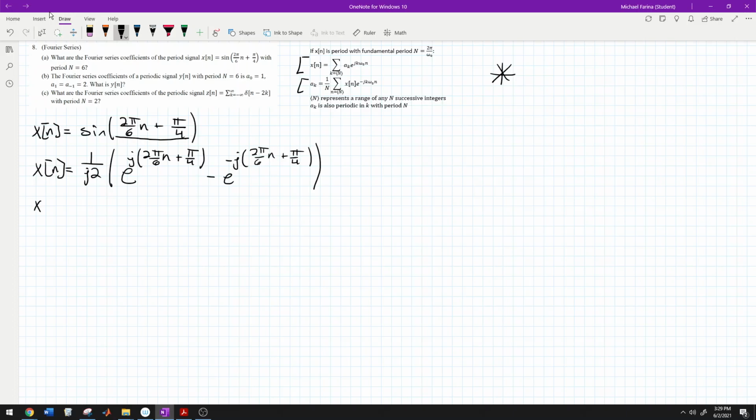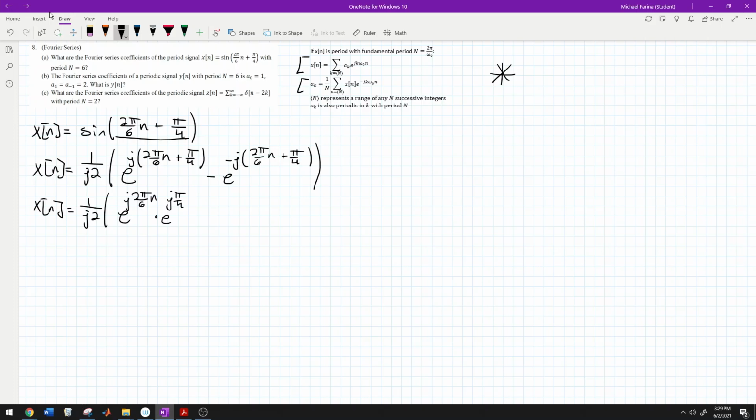And with a little bit of algebra, we can simplify. We get 1 over j times 2 times the quantity e to the j 2 pi over 6 times n times e to the j pi over 4.